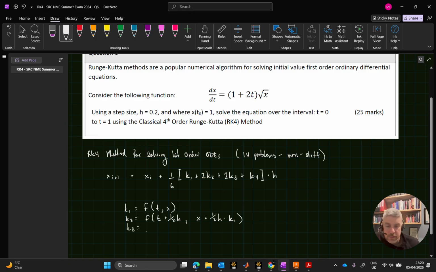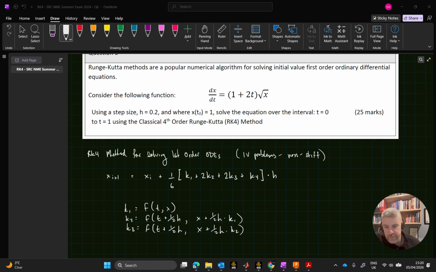K3 is the function itself. Take the same adjustment to my time where I'm evaluating that, and then my x, same format, but with the adjustment. I'm going to use K2, the updated slope, for K3. And then K4, right?